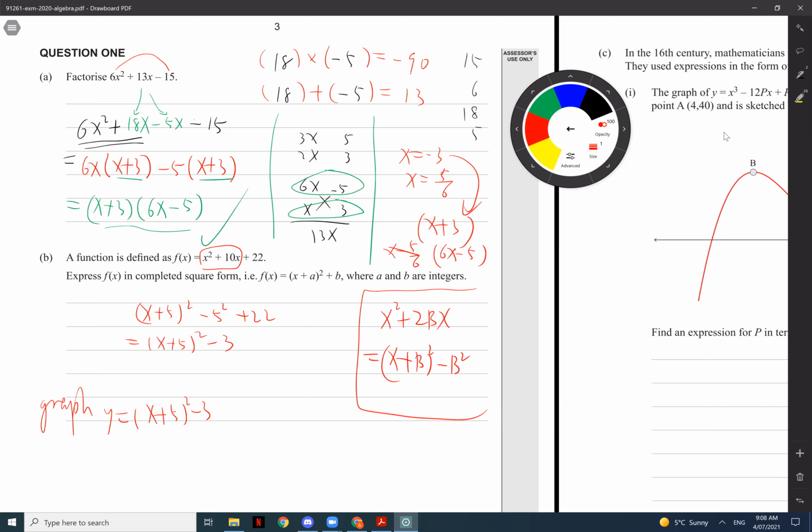Alistair, do you know what the vertex is? Minus 5 and minus 3.